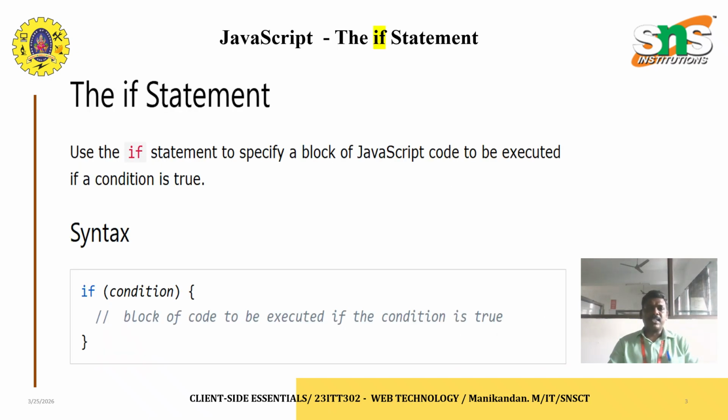So, the if statement. We use the if statement to specify a block of JavaScript code to be executed if a condition is true. It will have a keyword if and a condition. If the condition is true, it will execute the inner code, that is the statement.